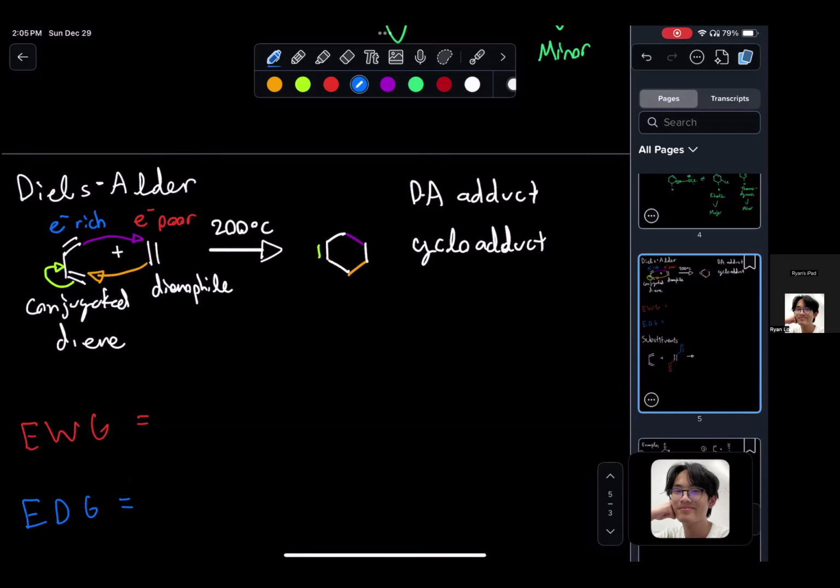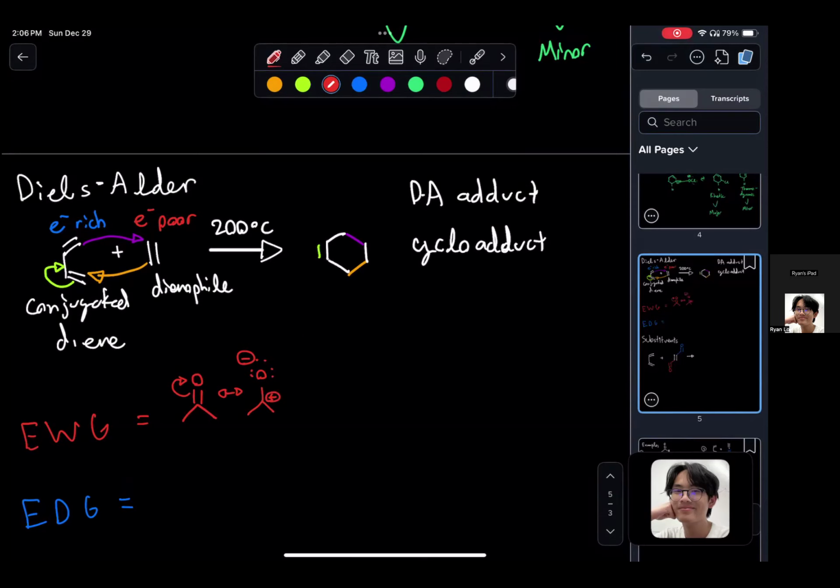So, a quick summary of both. Electron withdrawing groups are basically any group that, via resonance, withdraws electrons. So you have something along the lines of this. This is an example of an electron withdrawing group, because it's like a vacuum, it sucks up electrons all the way up here.